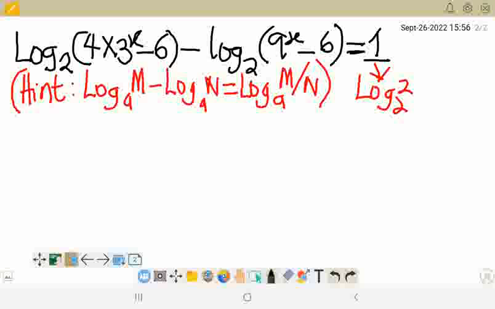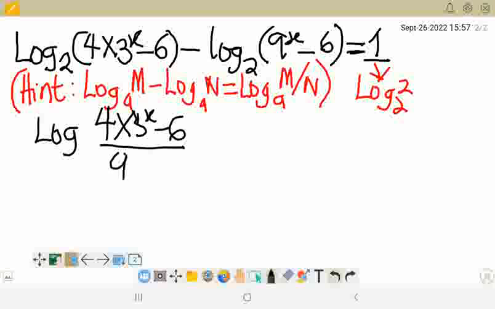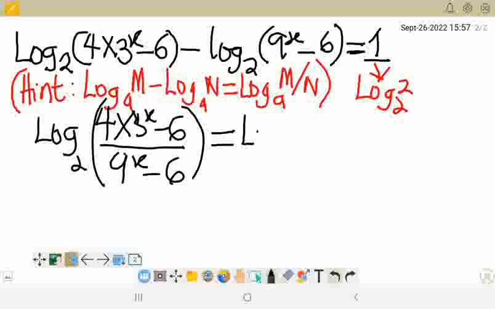So now on the left hand side, we have log of 4 times 3 raised to the power x minus 6, divided by 9 raised to the power x minus 6, all to base 2, equal to log 2 to base 2, so that the log cancels out on either side of the equation.